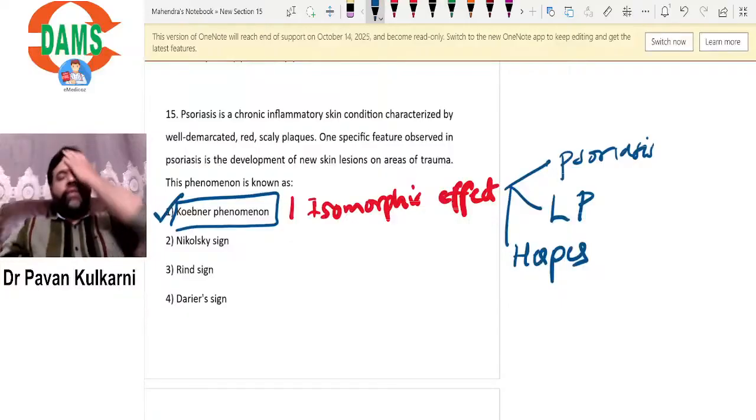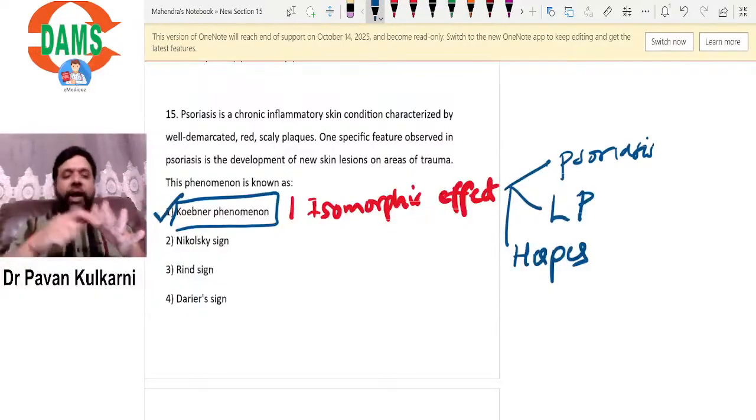So whenever the word psoriasis comes, two things you have to remember. One is Koebner's phenomenon, the isomorphic effect, wherein whenever there is trauma, new lesions appear in the area of the trauma.